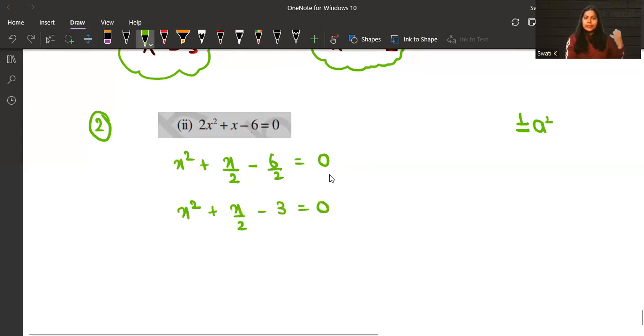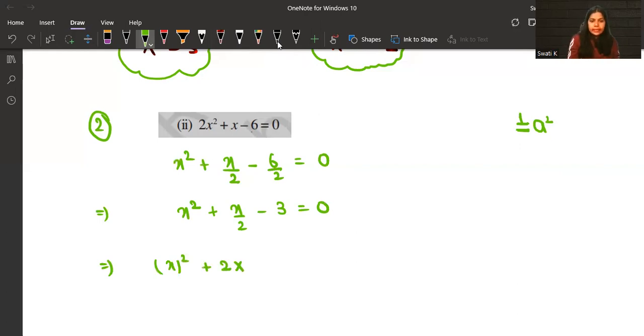Now, as I said, we will try to make a formula now. So this will become a squared, right? Now here it is plus, so plus 2 into a into b is x by 2. I want 2 here, so that it is x by 2. But also I have multiplied by 2, so to compensate this, I have to divide by 2 also.